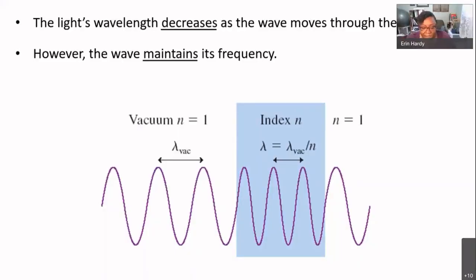But since the index of refraction of glass is larger than the index of refraction of air, and the index of refraction of glass is larger than that of water, this is how we can make sense of the famous broken pencil illusion, where if you put a pencil into a glass of water, it looks like the pencil is broken at a certain area.